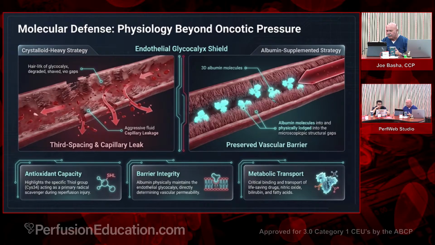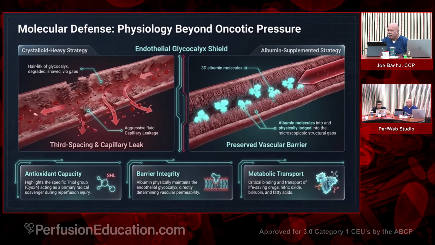The endothelial glycocalyx really does require albumin, and severe hypoalbuminemia or severe crystalloid hemodilution is very deleterious to your endothelial lining, your glycocalyx shield, and vascular leak is far more prevalent and likely to occur when you do have severe hypoalbuminemia.